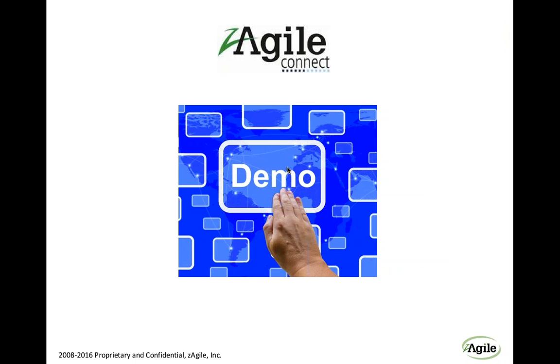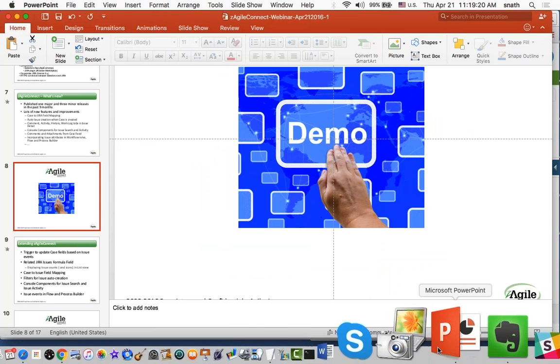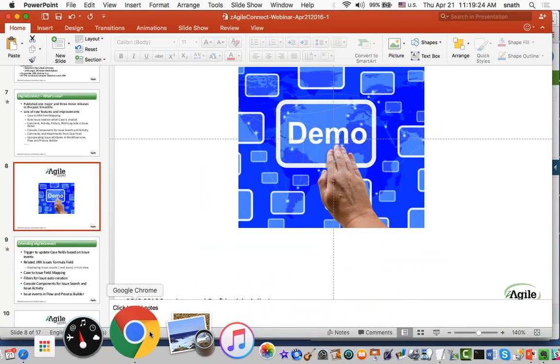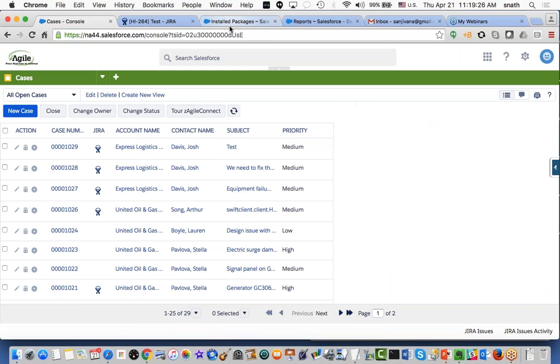Okay, so I think now I will jump into the demo. So we'll start with a list view first. And here you will see a column now that actually represents JIRA issues.